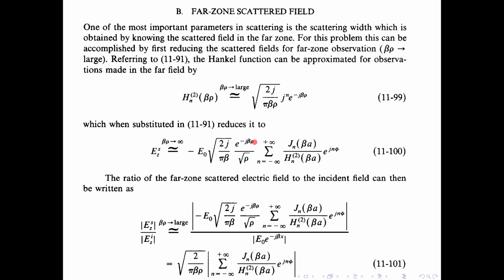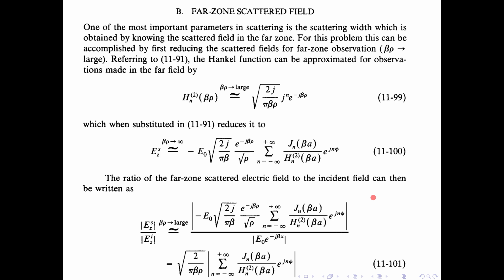This is normal for a cylindrical wave in the far field, and for the pattern of the cylindrical wave we have an infinite summation, a Fourier series in phi, that gives the dependence of the field with phi, that is the directivity or the radiation pattern of the cylinder.